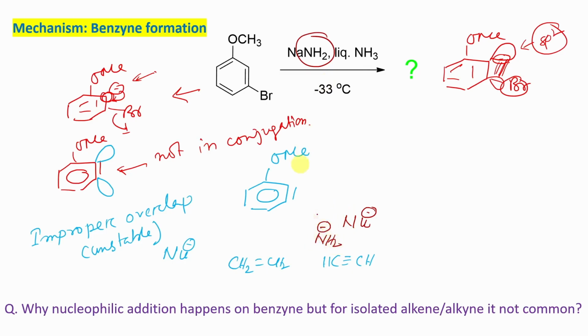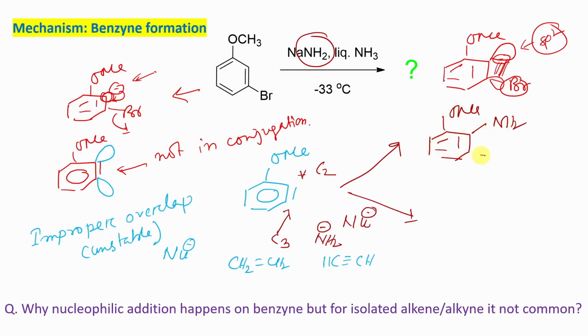Now your condition, that said, two options are possible, either here at C2 or here at C3, where the nucleophilic attack will happen. Student, that will be decided by the stability of the product. So if nucleophilic attack happens on C2, then here NH2, this is OMe and the negative charge is here.